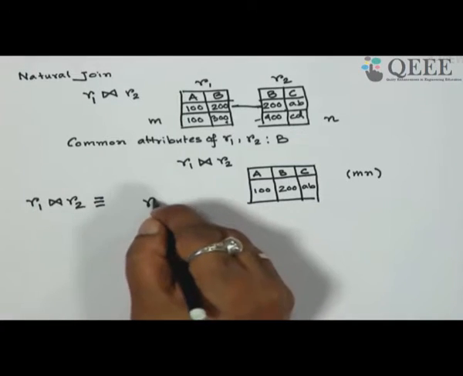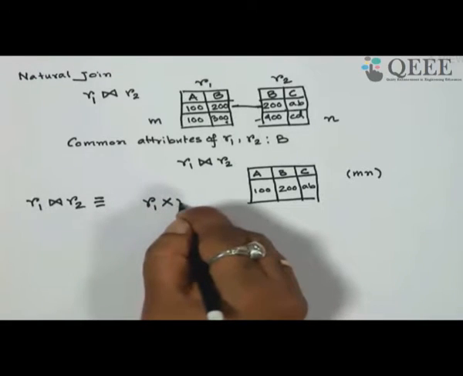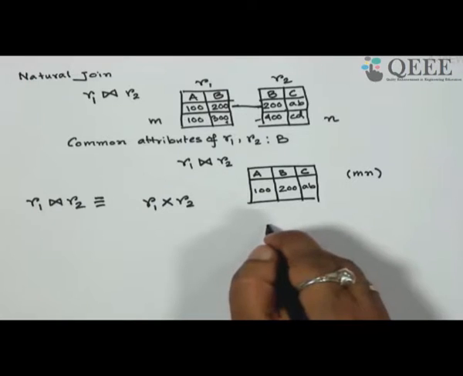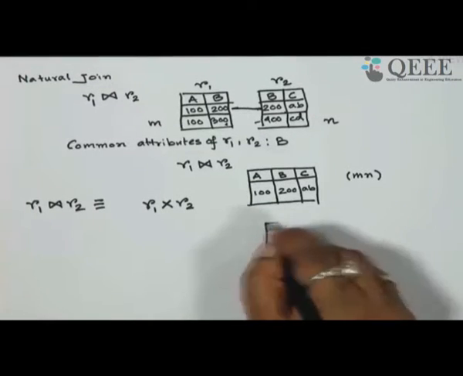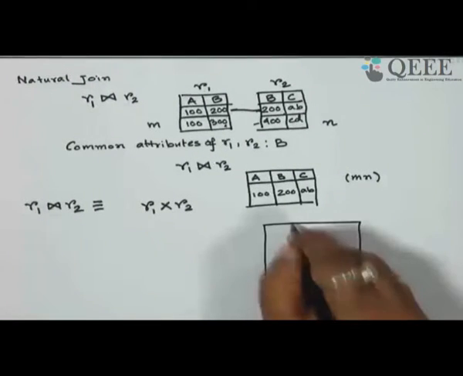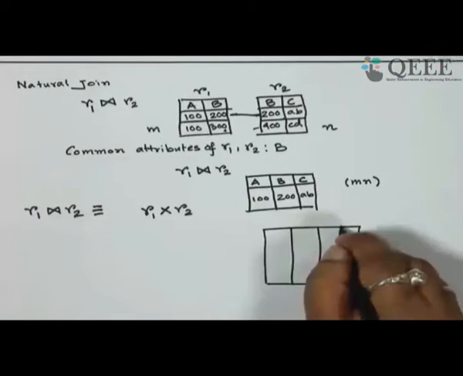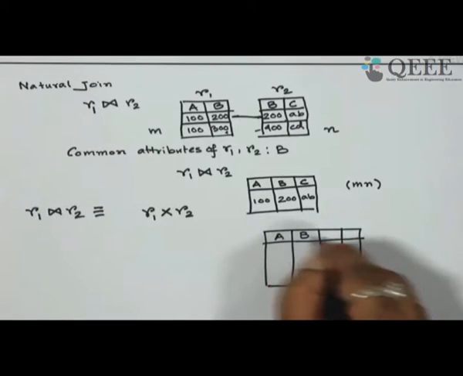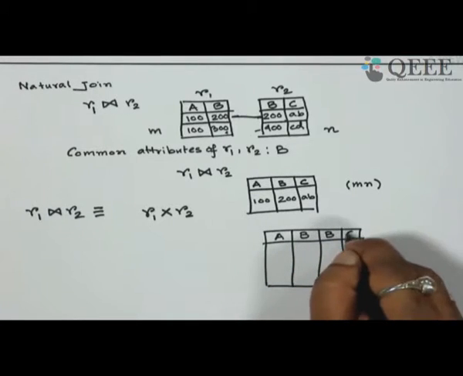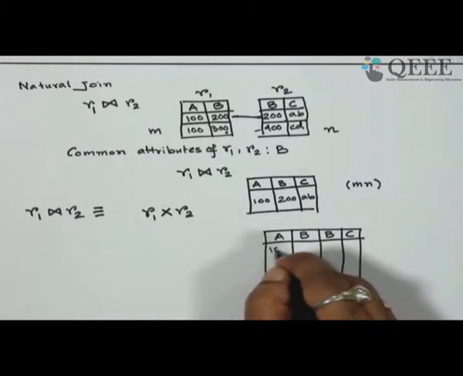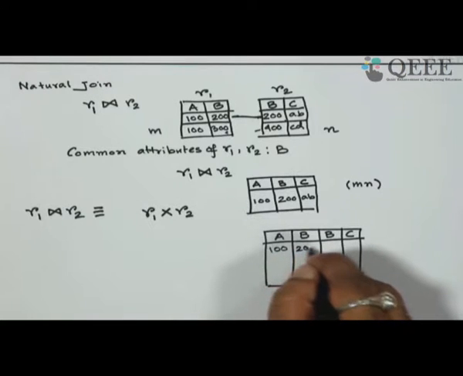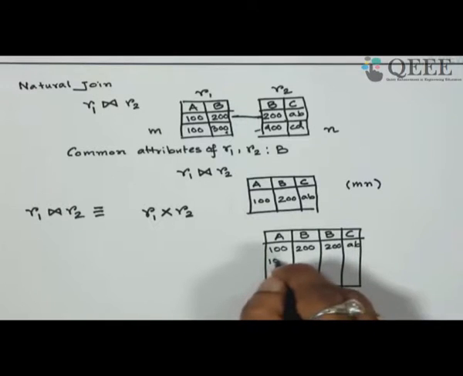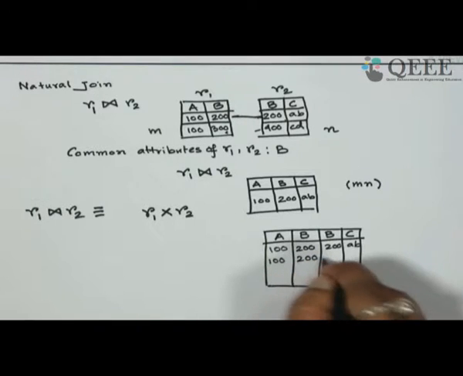So what we do first is take the Cartesian product. So the Cartesian product in this case will be like this: A, two copies of B, and C, and the tuples will be 100, 200, 200, and so on; 100, 200, 400.